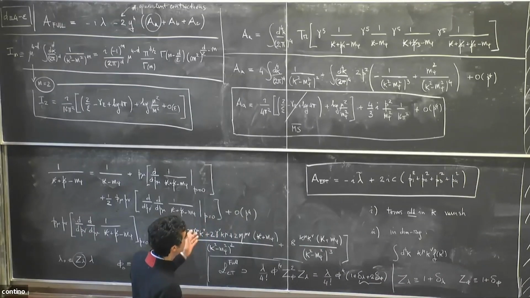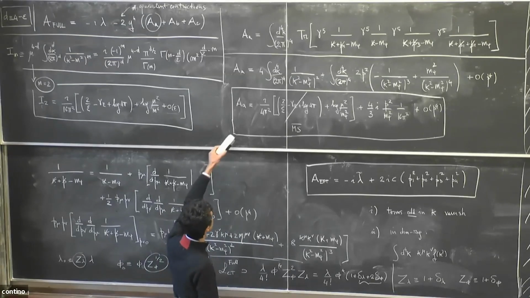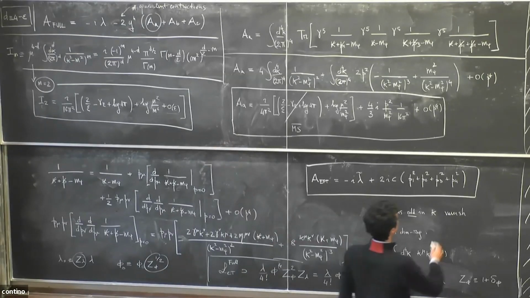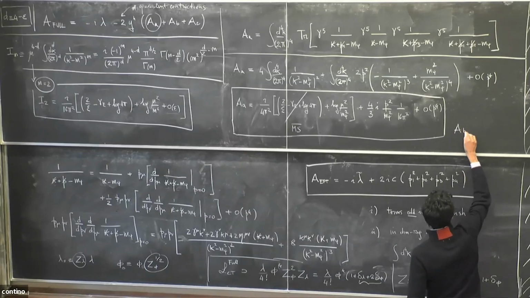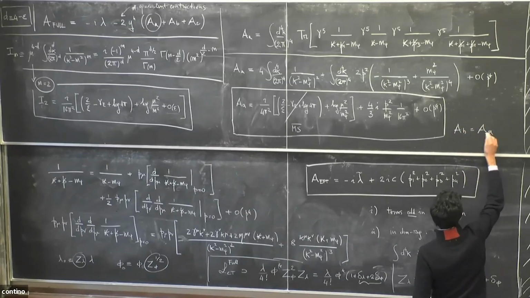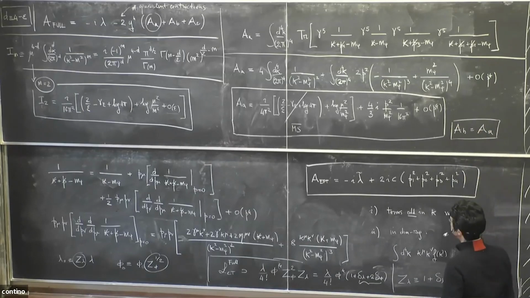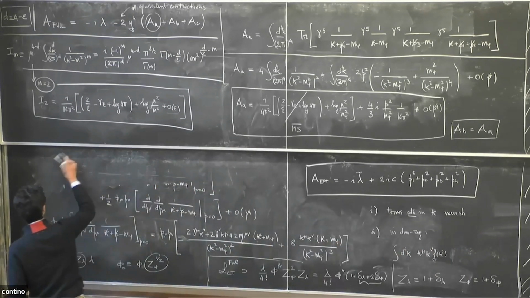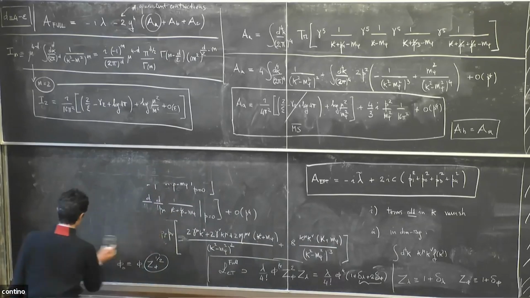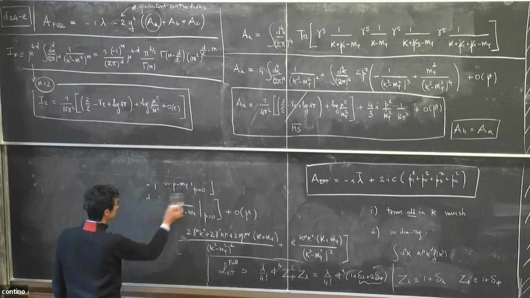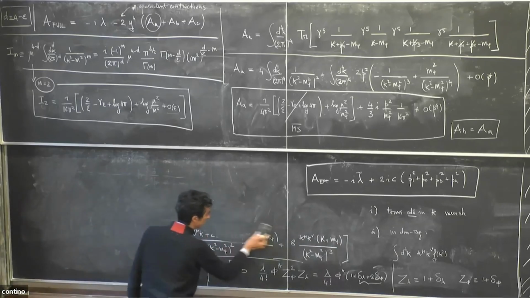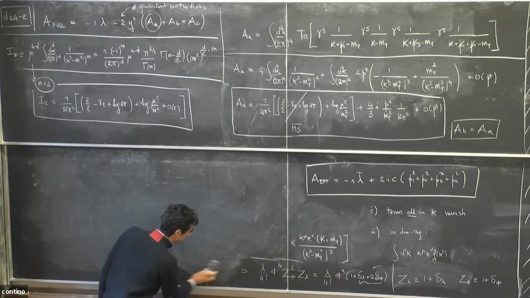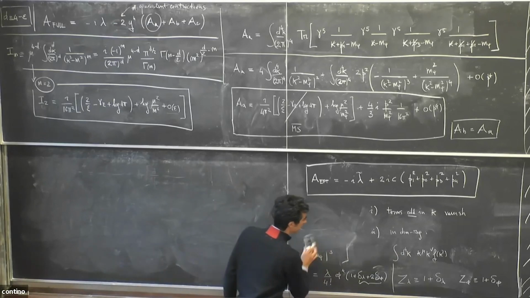So diagram B does not need to be computed because it's equal to diagram A, at least with our choice of kinematics. Diagram C, instead, needs to be computed. I don't want to make it too long. I'll give you the result, and then you will check it.